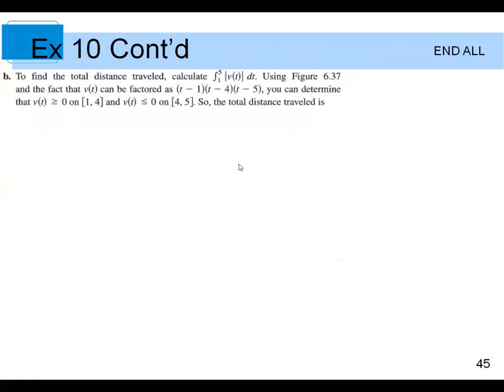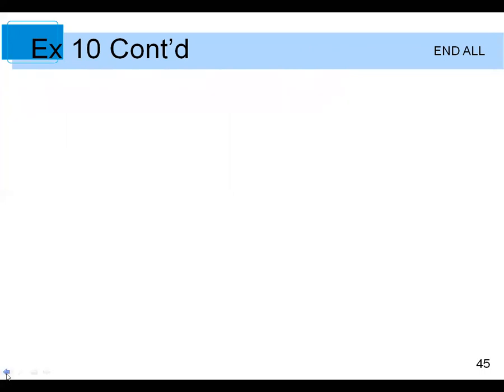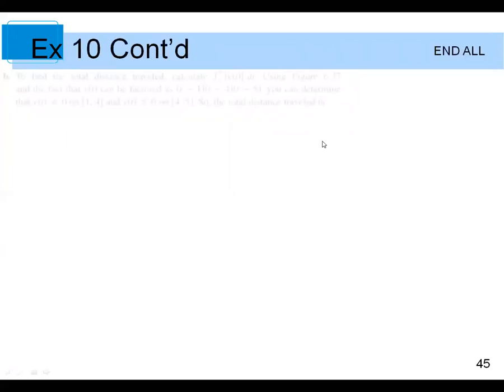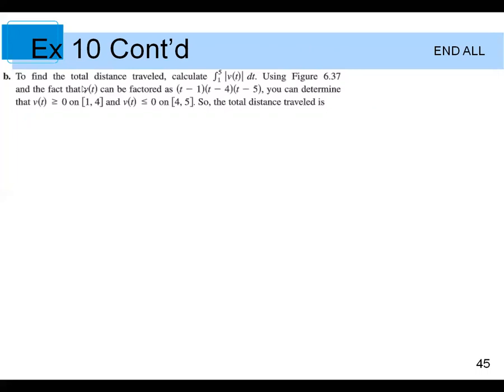Now, to find the total distance traveled, you need to calculate the definite integral from 1 to 5 of the absolute value. So if I go back and look at this graph, you can see that there are several places where the velocity is equal to 0. So what I need to do is set that function equal to 0, and we can factor it to determine that the velocity is positive from 1 to 4 and negative from 4 to 5.